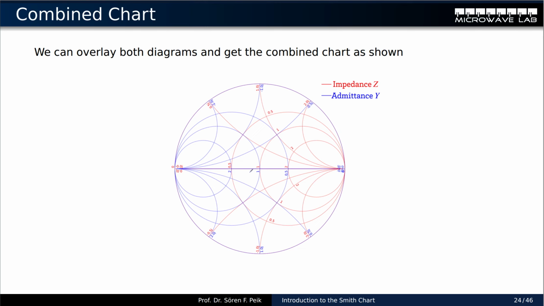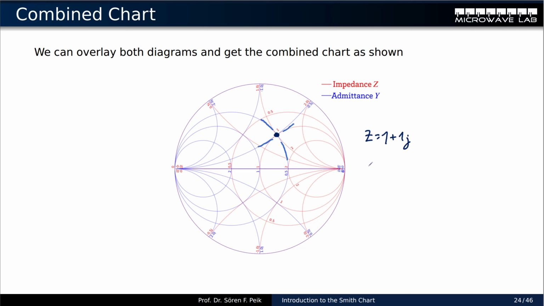So now, by finding a number in the z-plane, I have, for example, the point 1 plus 1j, which is this point here in the Smith chart, and this becomes this point here in the admittance chart. It's on this circle and on this band.